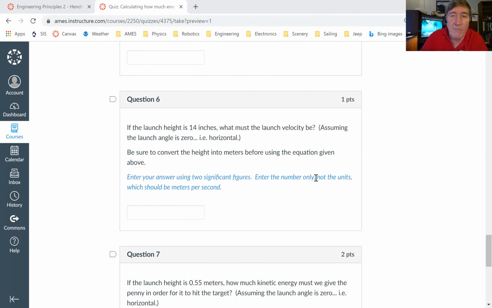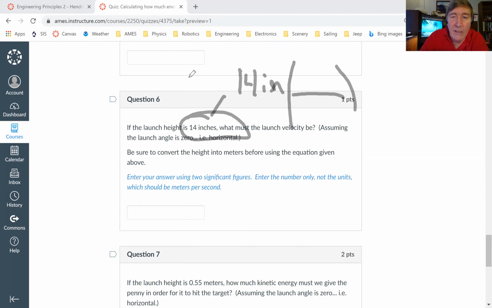Question number 6 is a little bit trickier, but not much. This time I told you the height, but it's not in meters, it's in inches. The equation up above doesn't work if h is not in meters. So what do we have to do? We have to take 14 inches and convert that into meters. So, unit conversions. This one's a little bit tricky because first we have to convert it into feet. So we have to know that 12 inches equals 1 foot.